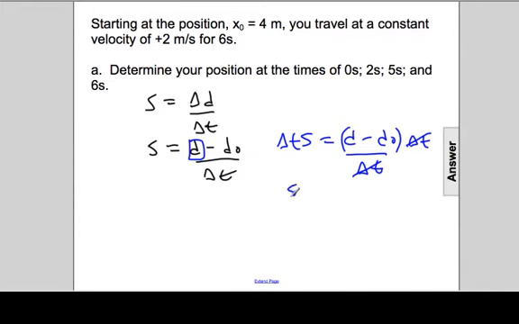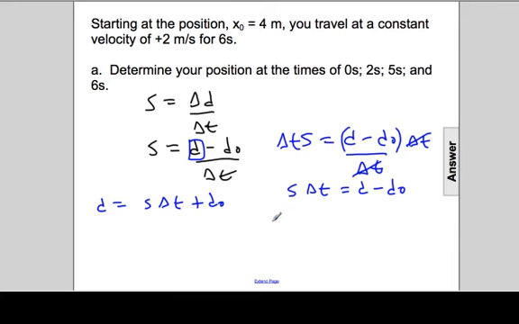We're isolating d, so we have to add d naught to both sides. So the distance traveled will now be speed times delta t plus d naught, your starting location.